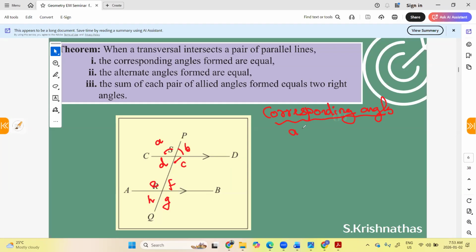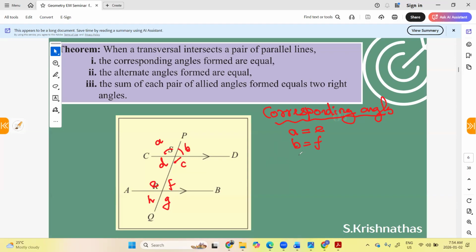A and E are corresponding angles. These are two parallel lines, so A equal to E. B and F are corresponding angles. These two lines are parallel, so B is equal to F.